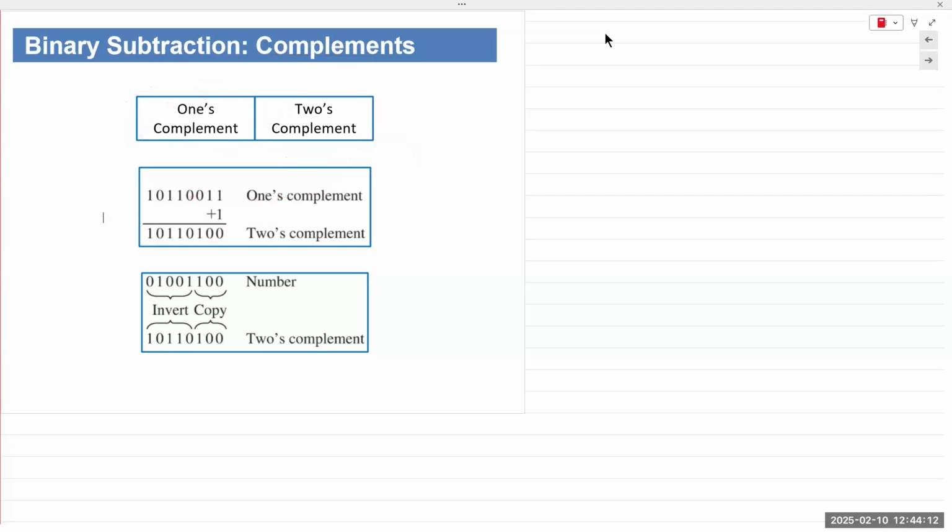So what is ones complement? Ones complement, as the name suggests, you simply invert the entire number.